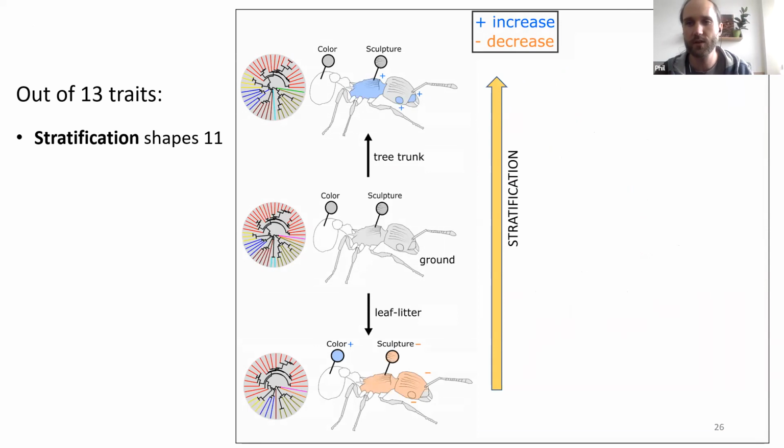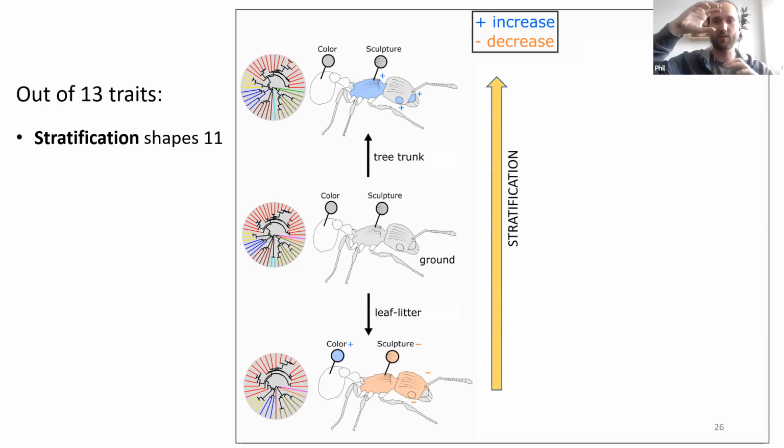Of the 13 traits that I measured, I found that 11 of them were influenced by stratification in some way. To make it easier for you, I have this overall figure. I took the ground ant fauna as a base template. And if something changed when we went up to the tree trunks, then I colored it.